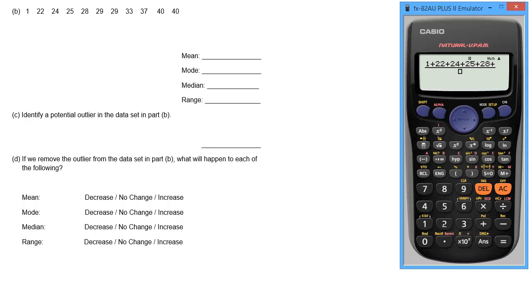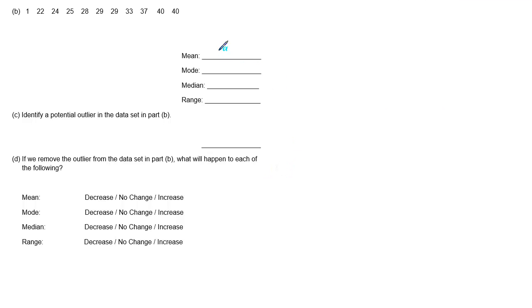Got two 29s, we've got a 33, a 37, and two 40s. How many pieces of data? 1, 2, 3, 4, 5, 6, 7, 8, 9, 10, 11. So we'll divide by 11. And that gives us 28 exactly.